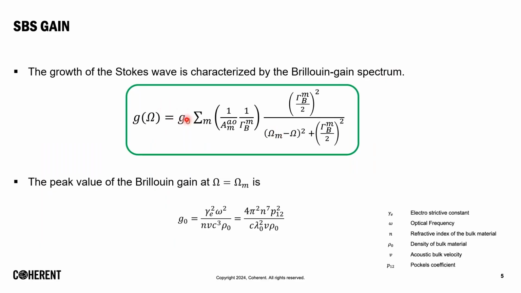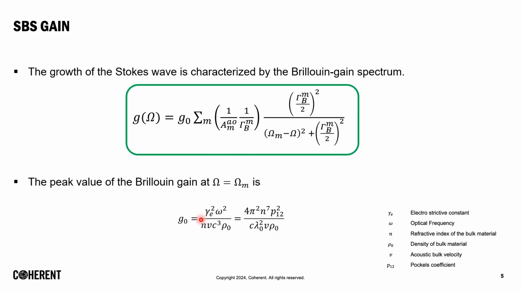This G0 is the peak value of the Brillouin gain at omega_m equal to omega. This peak value of the Brillouin gain is mainly dependent on the properties of the bulk material. So all these parameters here are properties of the material.